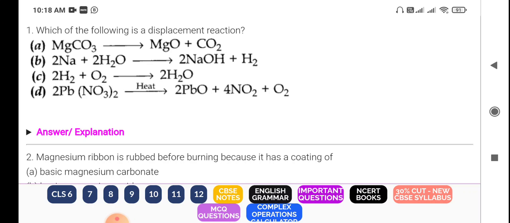Second reaction, the combination of sodium and water: the products will be sodium hydroxide and hydrogen gas. Hydrogen plus oxygen will prepare water, and lead nitrate in the presence of heat gives lead oxide, nitrogen dioxide and oxygen.